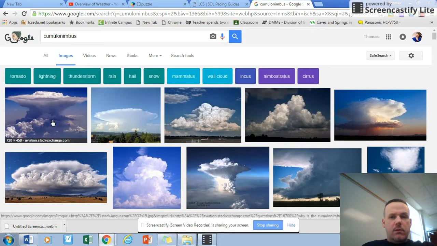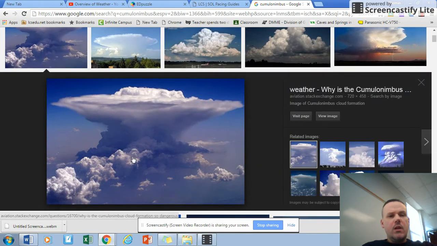I can pull this picture up right here. What's going on is as the warm moist air is coming up, condensing from these clouds, you have these updrafts, and these updrafts can go thousands of feet up into the atmosphere. As it sends it up, it freezes and becomes solid form, and it falls back down, and then it's shot back up again.